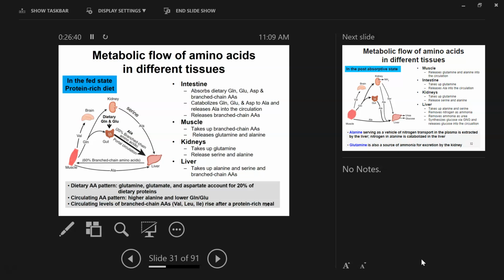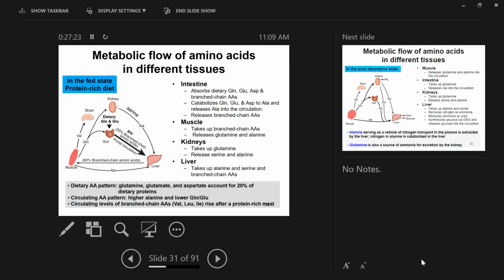In the small intestine, basically the intestine absorbs a lot of dietary amino acids, particularly glutamine, glutamate, aspartate, and branched chain amino acids, into the portal vein. About 20% of the branched chain amino acids will go to the liver, right? But the liver is not the main site for branched chain amino acid metabolism.